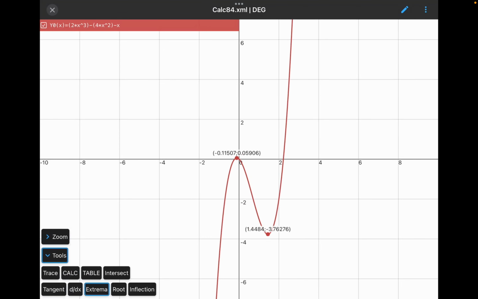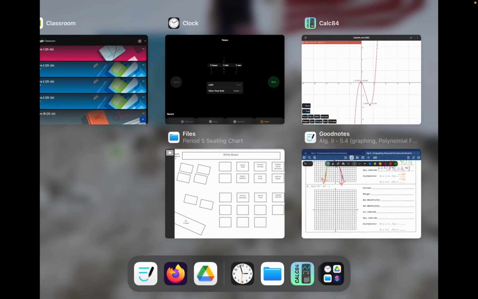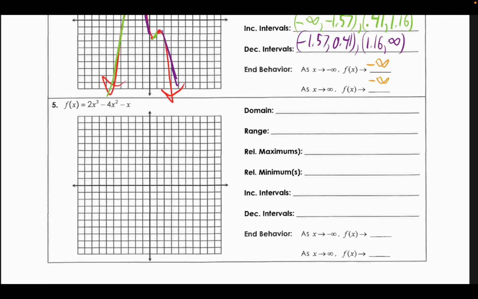And I look at my extrema, and I'll go ahead and note those down, rounding to the nearest hundredth again. So relative maximum is negative 0.12, comma 0.06. The relative minimum is 1.45, comma negative 3.76.